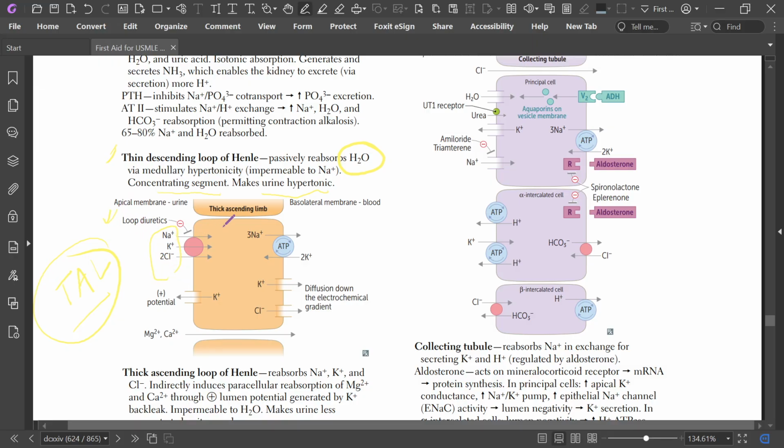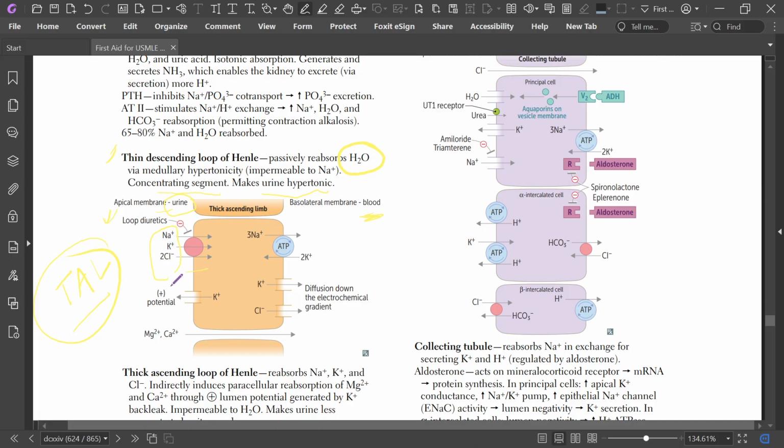So sodium is unable to be reabsorbed, potassium and chloride are unable to be reabsorbed. It is present in the apical membrane, and it passes through the urine. You have seen here, this part is in the urine, this part is in the blood. So as it is unable to be reabsorbed in the TAL, the thick ascending limb of the loop of Henle, it will pass through the urine.